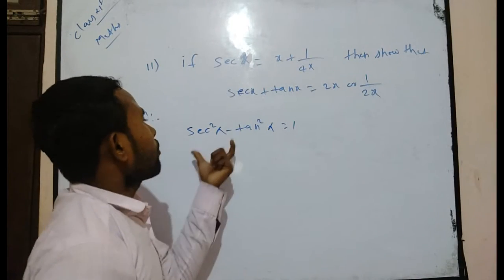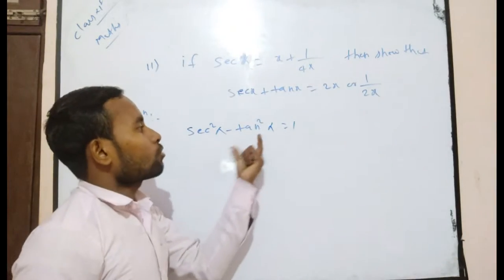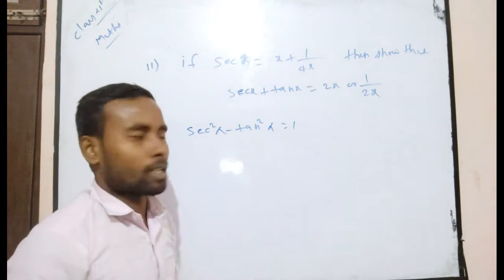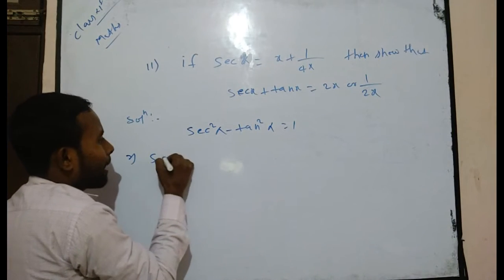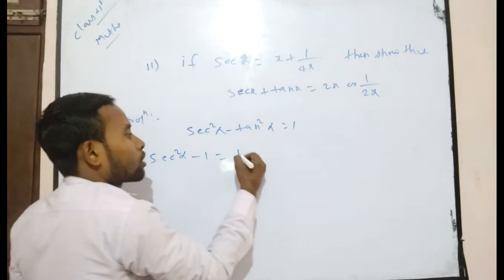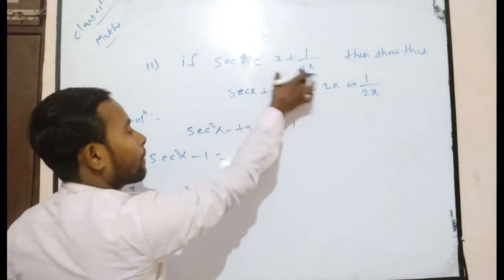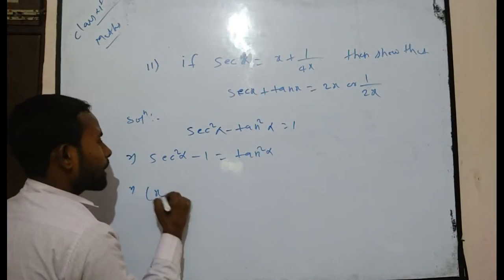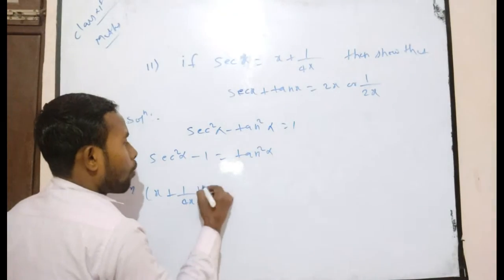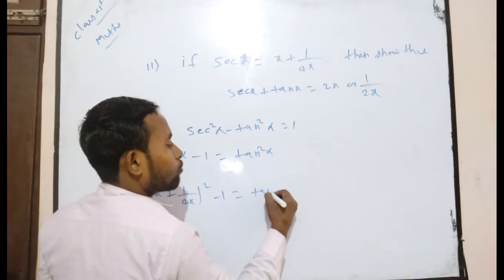After putting the value of sec alpha in this equation, you can find the value of tan alpha so easily. So you can write that sec square alpha minus 1 is equal to tan square alpha. Putting the value of sec alpha, you get x plus 1 upon 4x whole square minus 1, that will be tan square alpha.